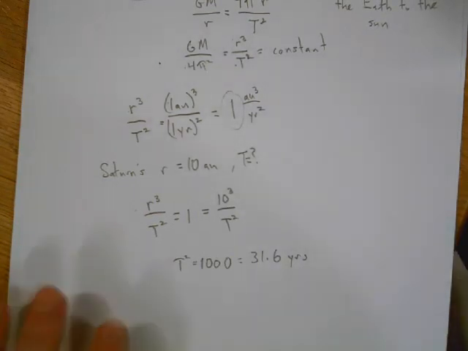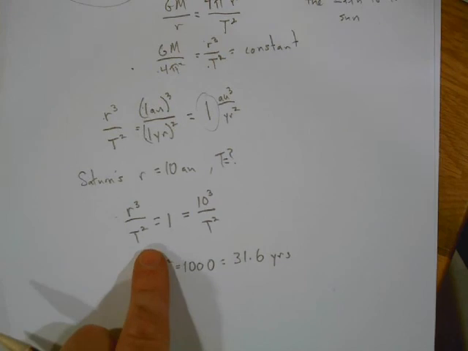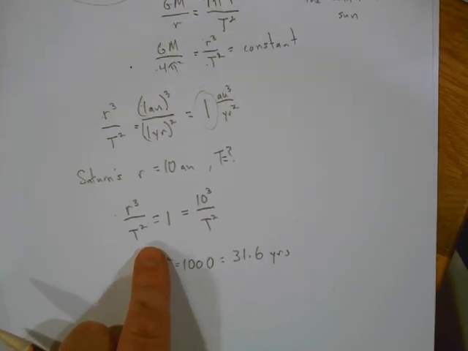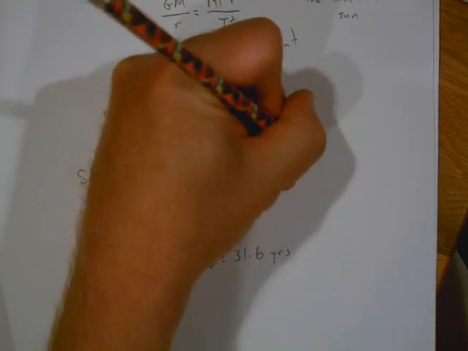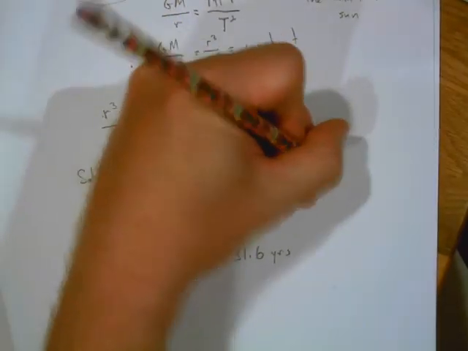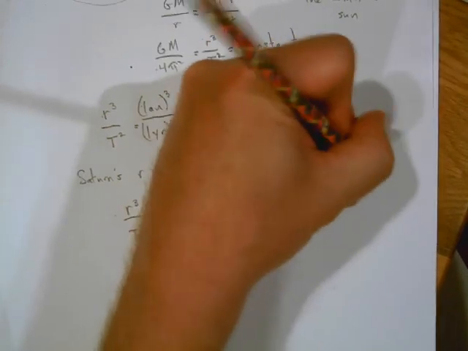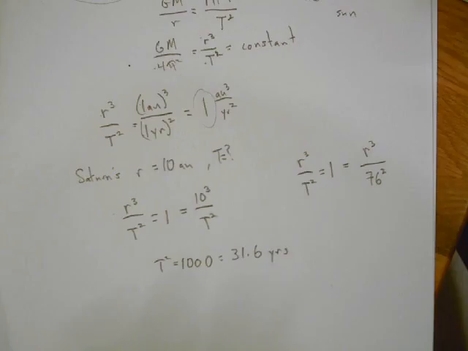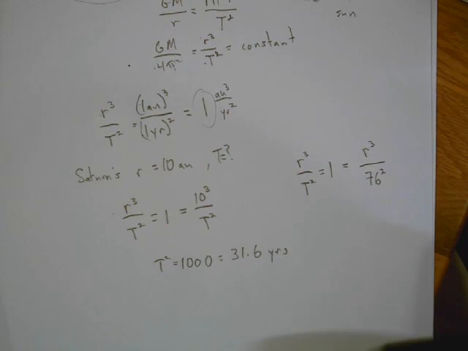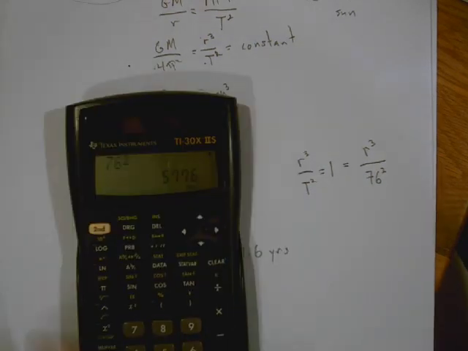So if I have, for example, Halley's Comet, which orbits the Sun, sorry, I keep saying orbits the Earth. It orbits the Sun every 76 years. If I was to set this up, I would have 76 squared, which is a big number, and then I could figure out r.